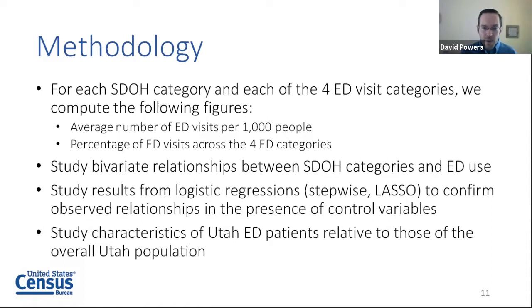We study bivariate relationships between social determinants categories and ED use. We study results from logistic regressions built from stepwise regression and lasso to confirm the observed relationships in the presence of control variables. And ultimately, we also study characteristics of Utah emergency department patients relative to those in the overall Utah population.